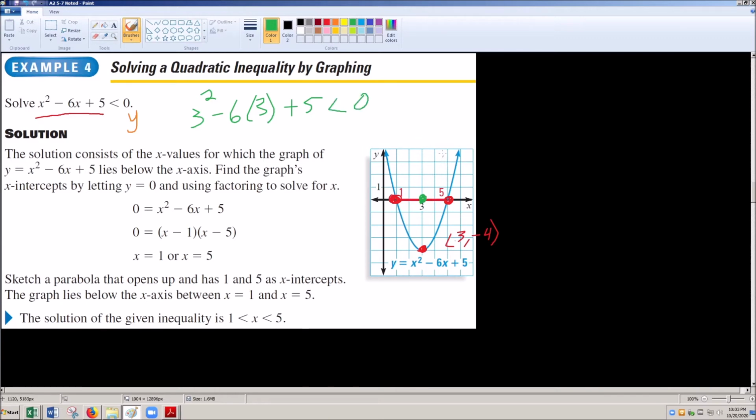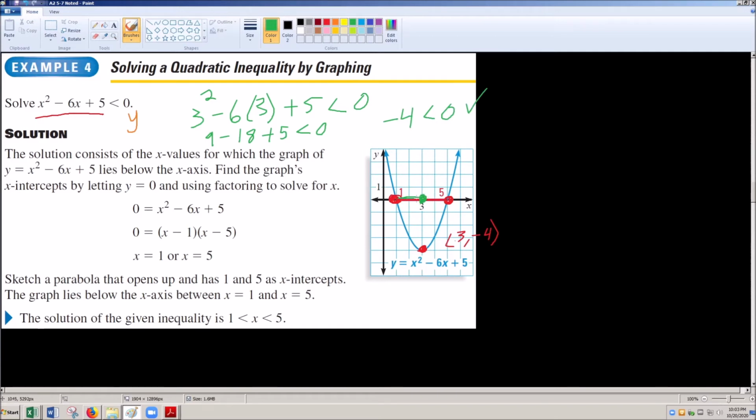Is it true or is it false? So here I get 9 minus 18 plus 5 less than 0. This is going to be negative 9 plus 5, which is negative 4. Is negative 4 less than 0? Yes, it is. Check. This thing is good to go.